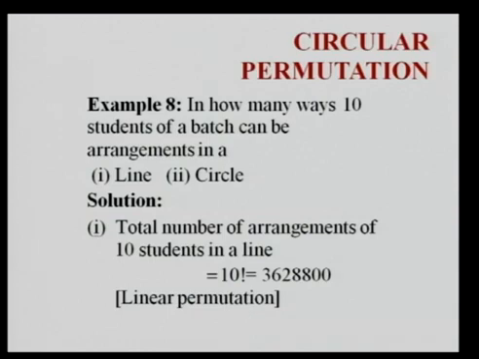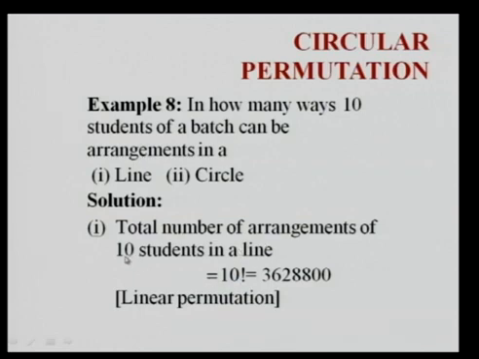Let us take an example. In how many ways can 10 students of a batch be arranged in a line? In a line means we are talking about linear permutations, and in a circle means we are talking about circular permutations. When we talk about linear permutations, n things can be arranged in factorial n number of ways.